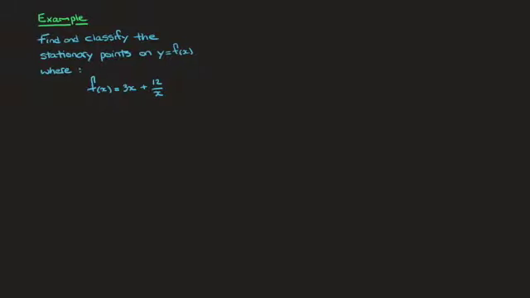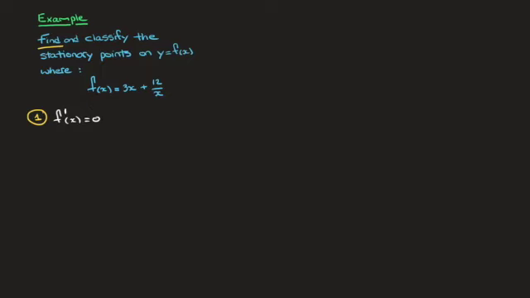Now, the first thing we need to do here is to find the stationary points. And to do that, we start by solving the equation f dash of x equals 0. Solving this will give us the x-coordinates of the stationary points. And since this equation involves the derivative, f dash of x, we need to differentiate the function we have here.